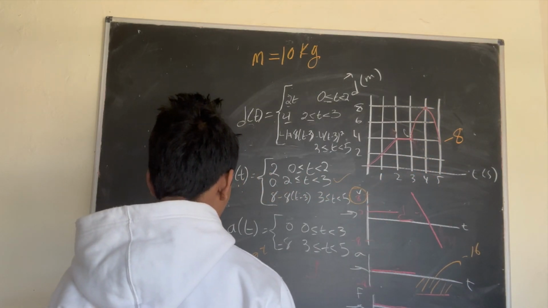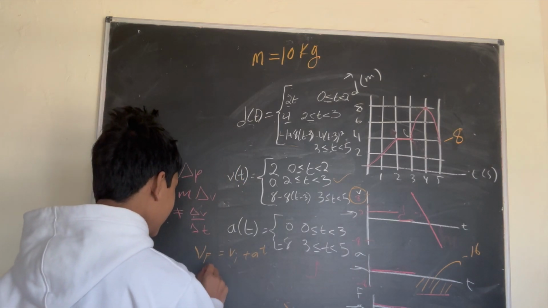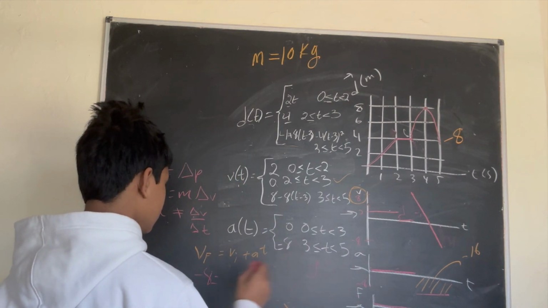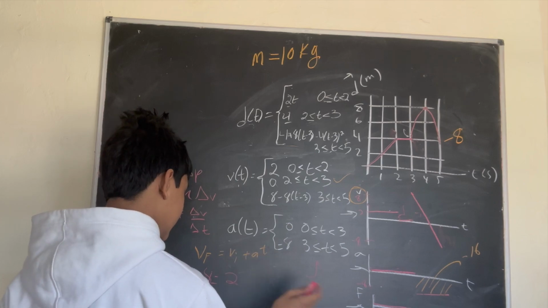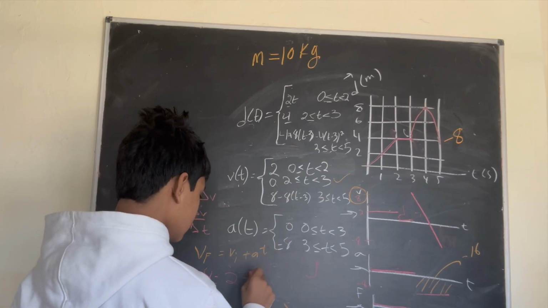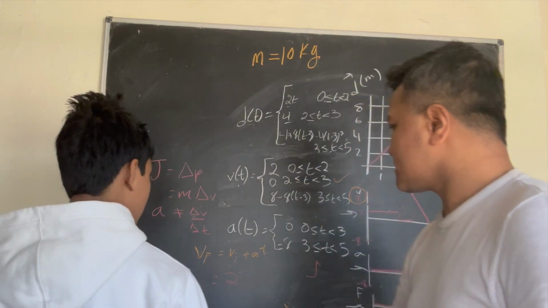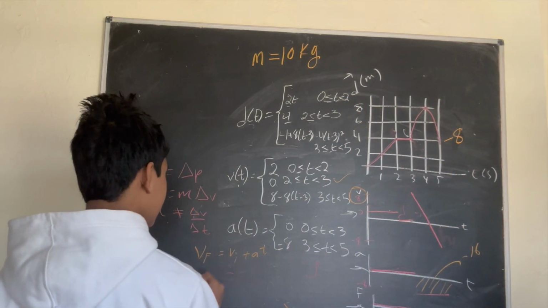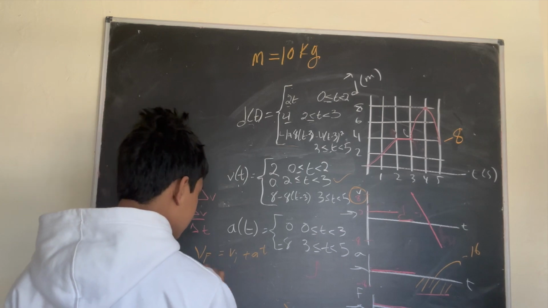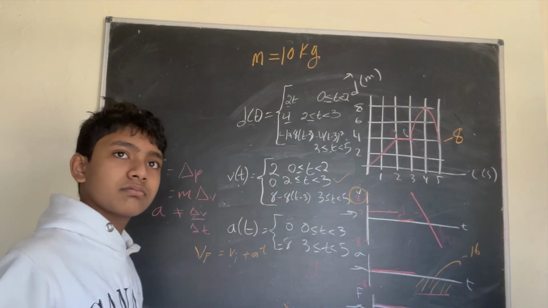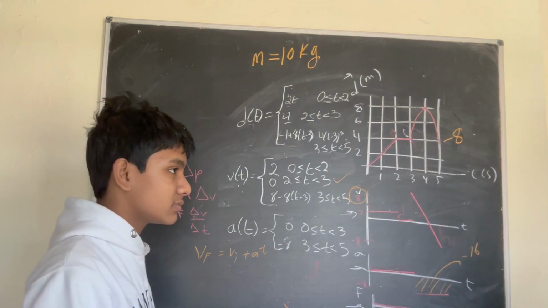But if you plug in the whole thing, Vf is negative 8, and Vi is 2 plus At, with acceleration minus 8. Oh no, we want to find this one. Well, the acceleration isn't even constant the whole time. There's the problem.